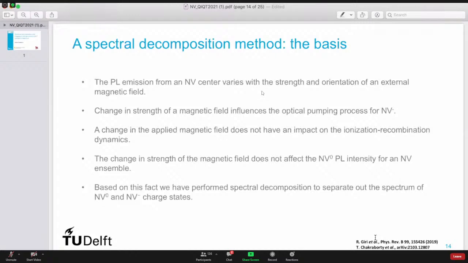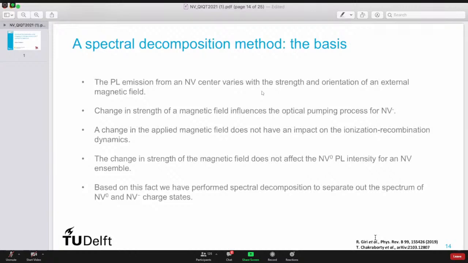Now, when the field is increased, the spin mixing also increases, and for a certain strength of magnetic field we reach a completely depolarized electronic spin state, which we call the fully spin-mixed state, and that corresponds to the minimum in the fluorescence. But when we consider the NV0 system, no such process happens.